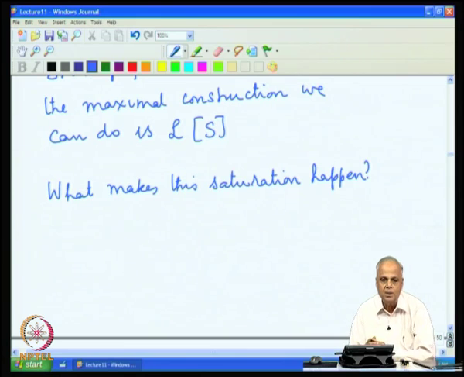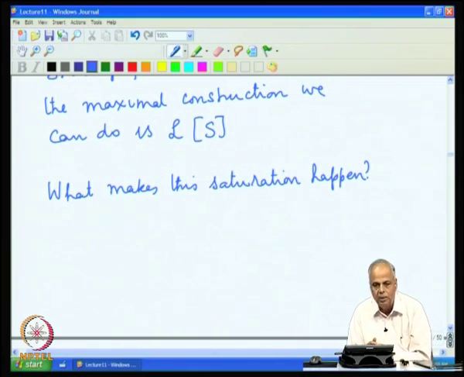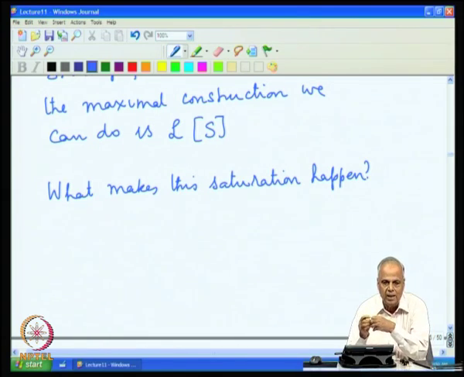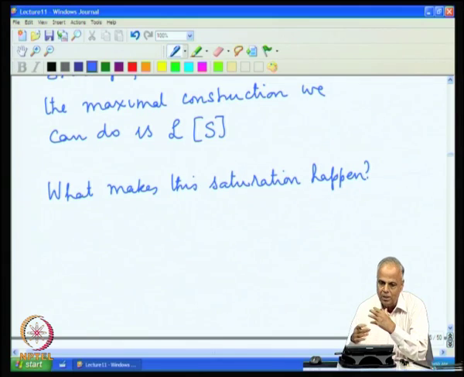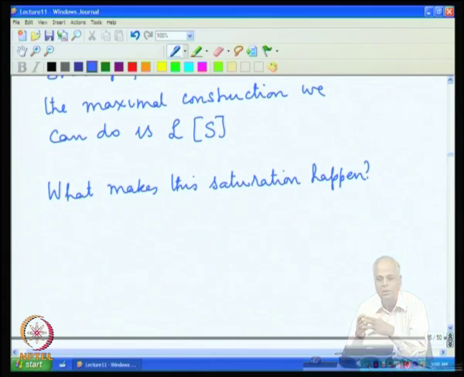Now, if we try to construct, the only things that we will do is, again I repeat, addition and scalar multiplication. But if we take the LS and if you take any two vectors in LS and you try to add them, you are going to get a vector back in LS, because linear combination plus linear combination is again a linear combination. Similarly, if you take a vector in LS and scalar multiply it, again it is going to be in LS. So, these two basic construction operations do not take you outside LS at all, whatever construction you make, and therefore, you are always in LS.